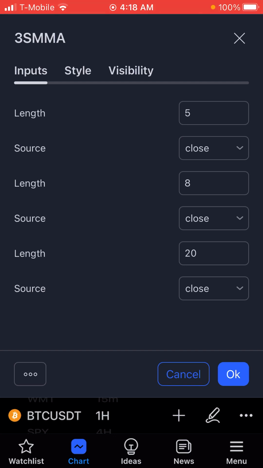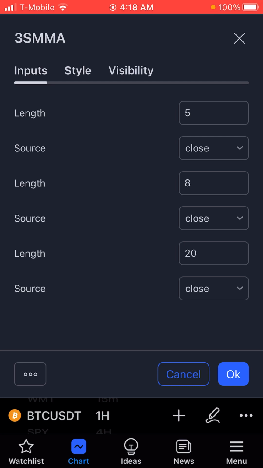I get the 3 smooth moving averages, and that will allow up to 3 moving averages in one. If you don't do it this way, you're going to have to go to moving average exponential and do it 3 times, and that'll chew up your space, and you won't be able to use any of the other indicators.